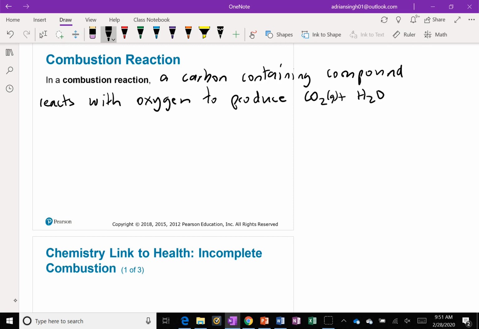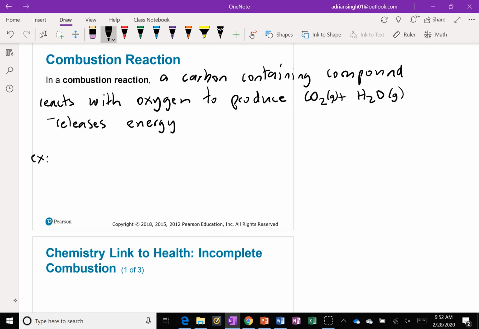So these are gases. And then it also releases energy. And that was the most important thing from the Bunsen burner, the energy in the form of heat and the light that you actually saw.